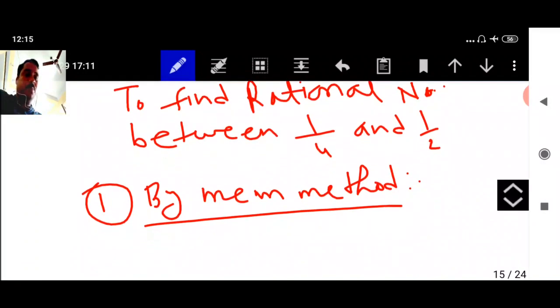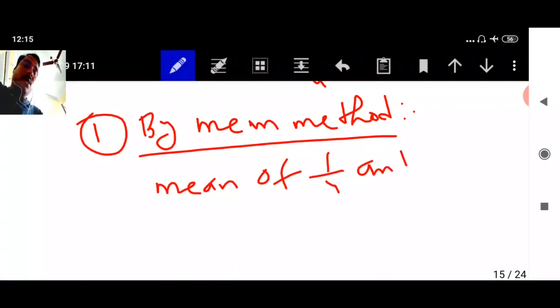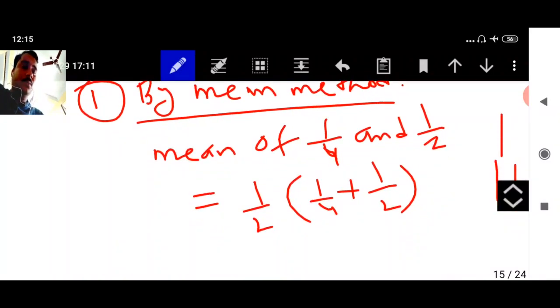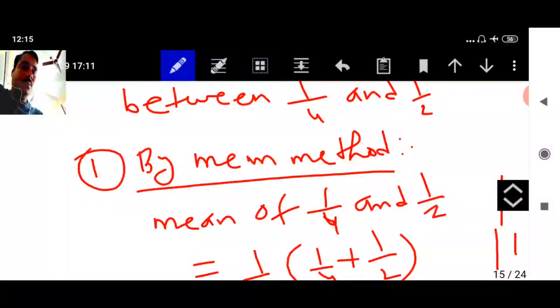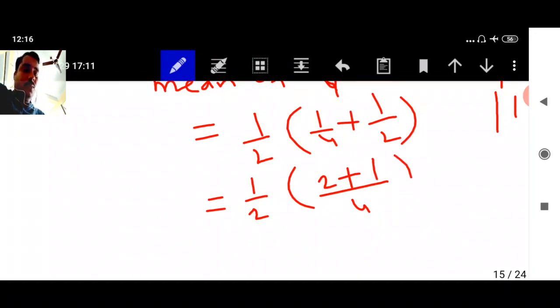In this method, we will find the mean of the given numbers, meaning the mean of 1 by 4 and 1 by 2 equals 1 by 2 times (1 by 4 plus 1 by 2), because mean is the average, meaning sum of numbers upon total number of numbers. 1 by 4 plus 1 by 2, LCM is 4, so 2 plus 1 gives 3 by 4.